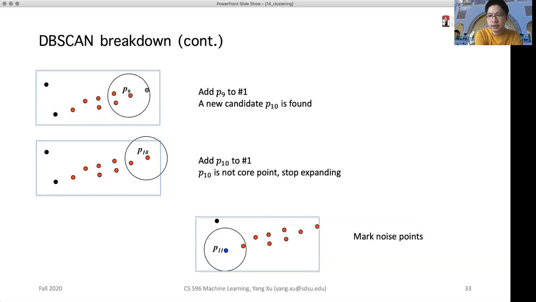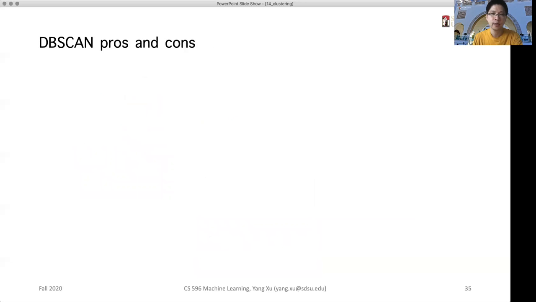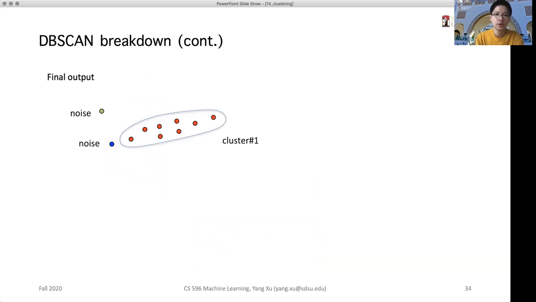If it is not, then we will see whether it is reachable to a core point. If yes, then it will also belong to the current cluster. Okay, so that's how we draw cluster 1 among all these data points.